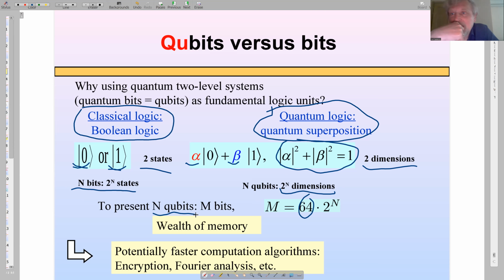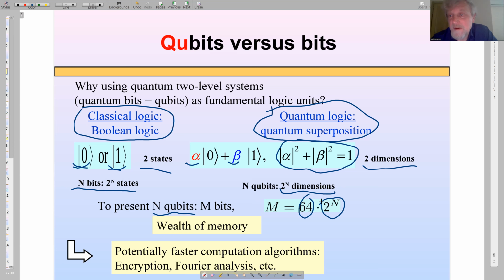Let us take 64 classical bits to represent a floating point number. And we have 2 to the power n dimensions, which means that we have 2 to the power n times 64 bits to represent n qubits. That's really enormous, right?